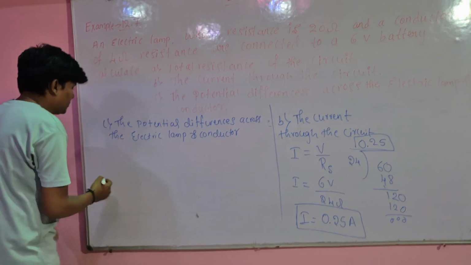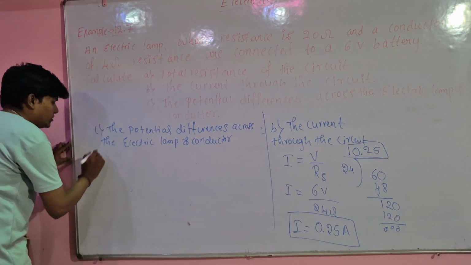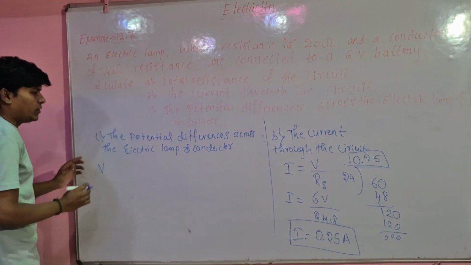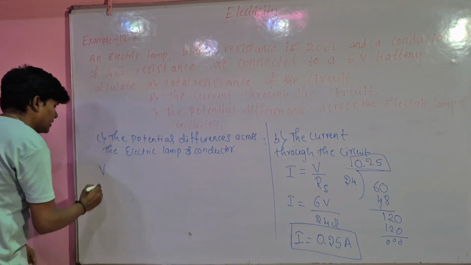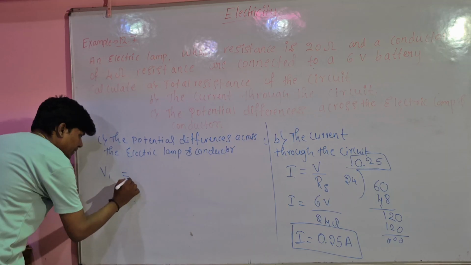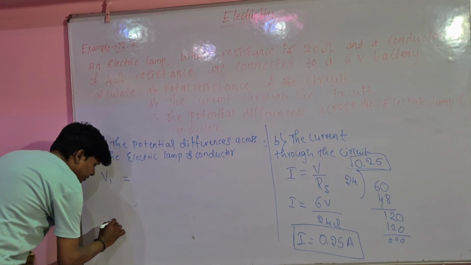The potential difference we can take as V, but in this case, since we have to solve for both, we take V1 and V2.